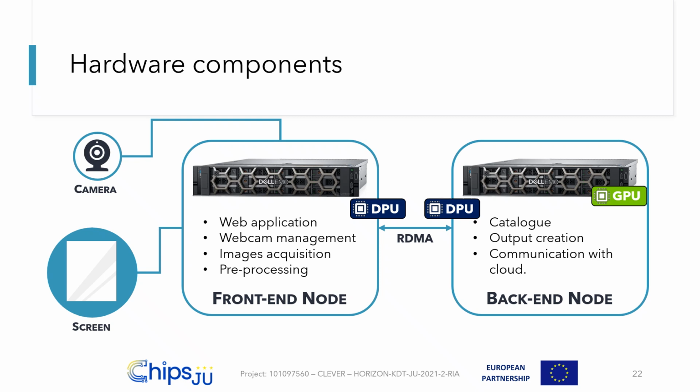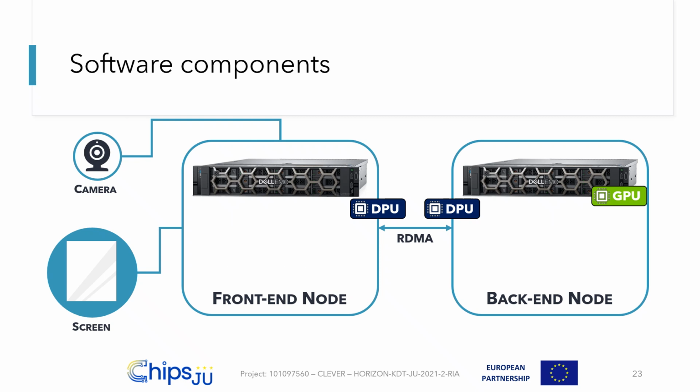The back-end node is equipped with an NVIDIA Tesla T4 GPU, and here are provided information about the available garments to try and the algorithms to merge users' pictures with selected items. The back-end node produces the final output and sends it back to the front-end node to show it on screen. The two servers exchange data back and forth through RDMA-based communication.